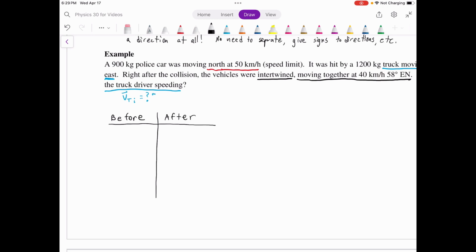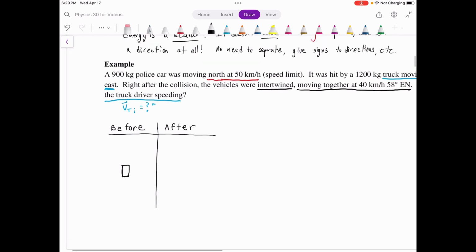So before, we had a 900 kilogram police car that was moving north. I'm just going to simplify the car down to a box, okay? We're looking at it from above. And a truck that was moving east. So I'm going to draw the truck as a box, okay? Now, the police car, we know was moving north at 50 kilometers per hour.